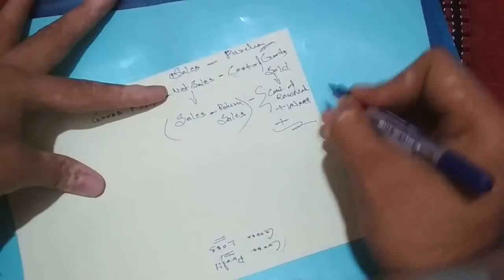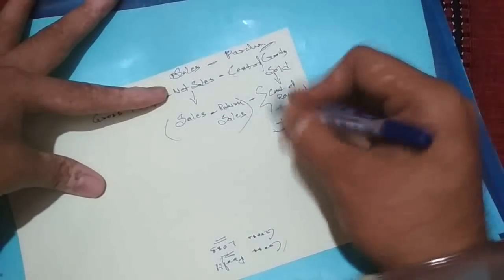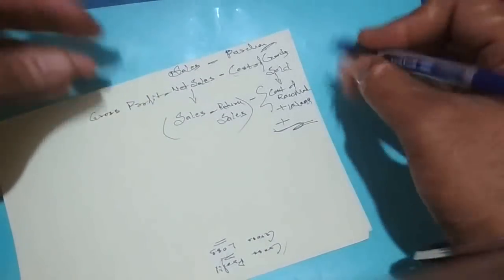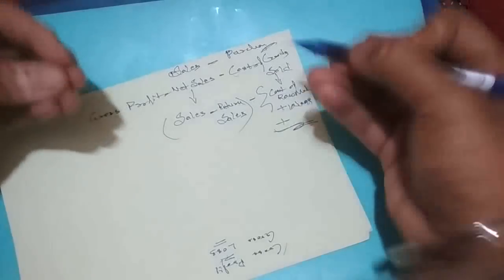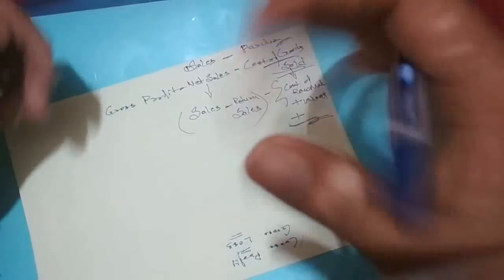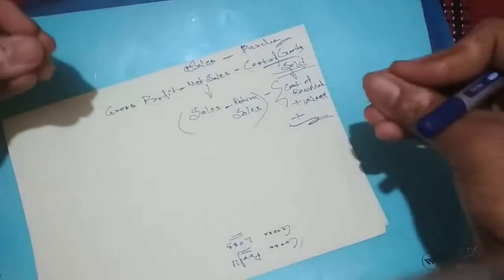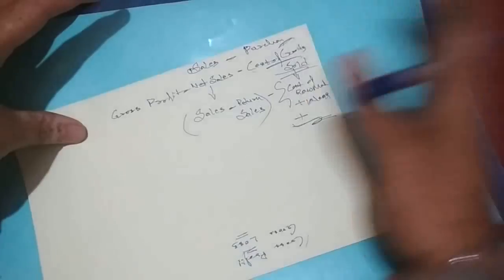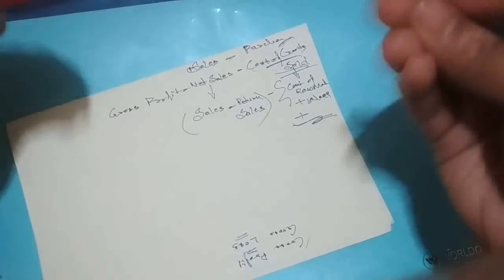Everything is taken into concern, and these overall things will be called the cost of goods sold. That's why this formula is like this. This is a very useful formula, and questions will be asked on this, so that's why I cleared the concept.